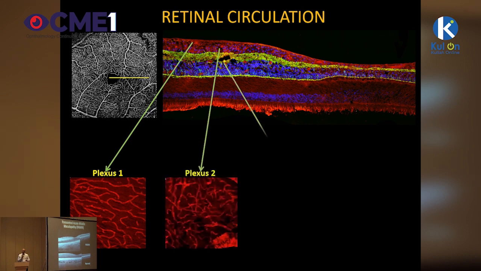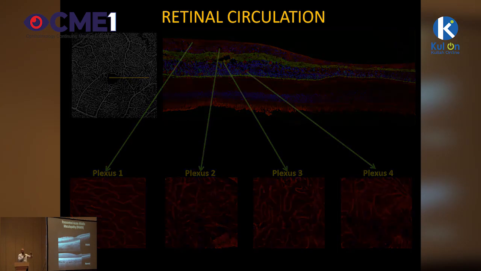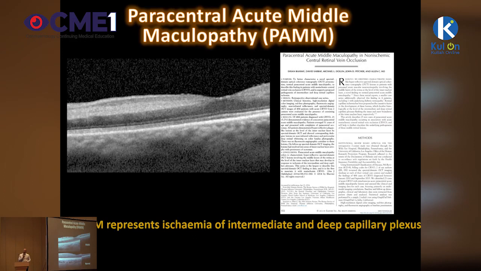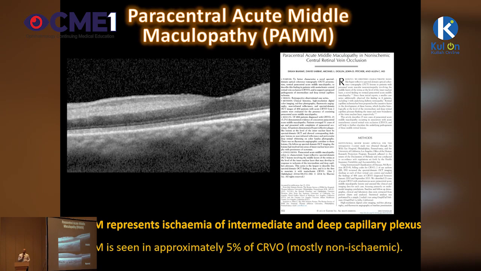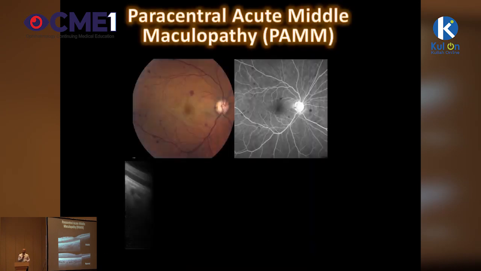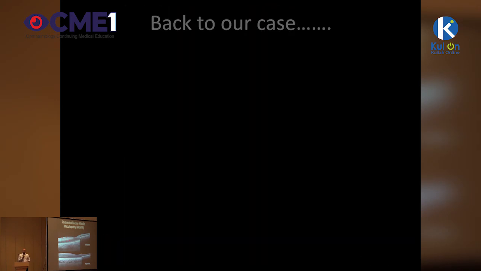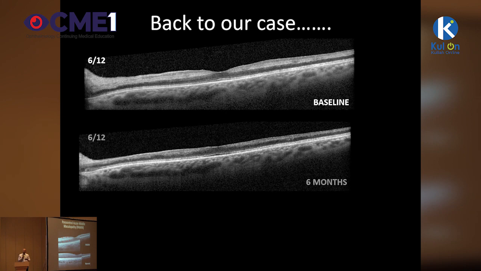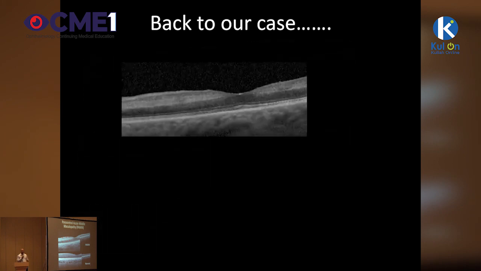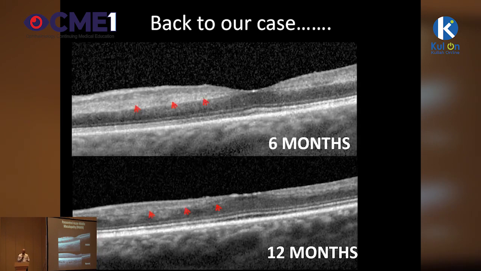And you can see that in the PAM lesion, you've got this band of hyperreflectivity on the OCT. And what that signifies is that the ischemia is not the entire retina, it's just the middle plexus of the retina. So it's a different type of non-perfusion or ischemia than you would normally consider.